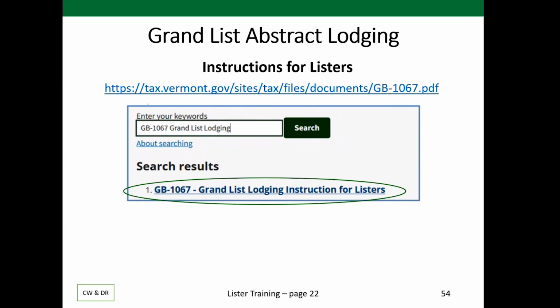As I mentioned last week, we are working with Vermont League of Cities and Towns to offer an open meeting law course for listers, so specific to the things that you need to do. And I just want to point out here that anytime you are taking an official action, like lodging and setting your values, it requires that you post a warning and that is a meeting that's available to the public.